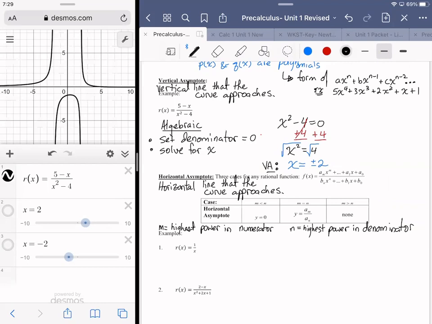A sub m is the leading coefficient in the numerator. A sub n is the leading coefficient in the denominator.